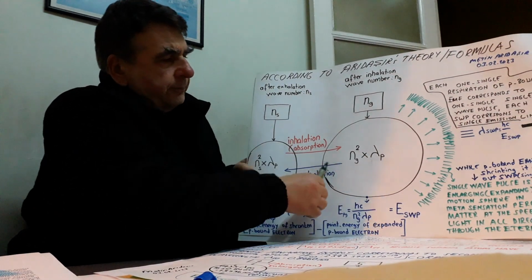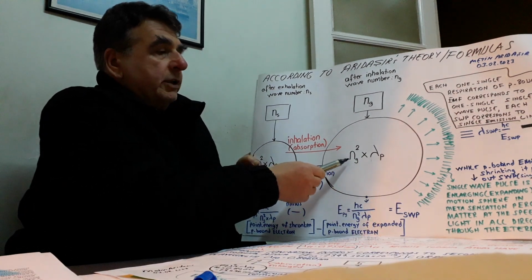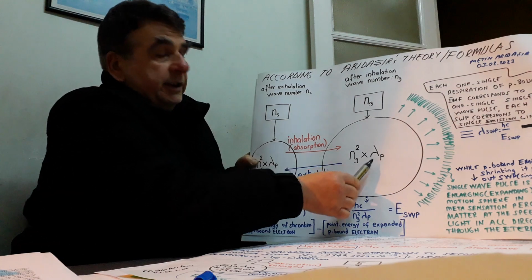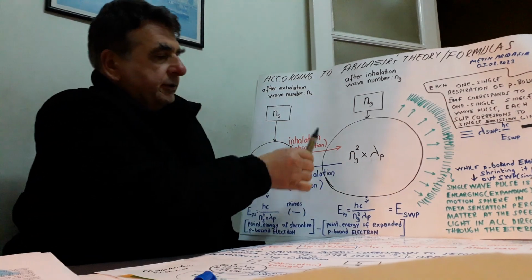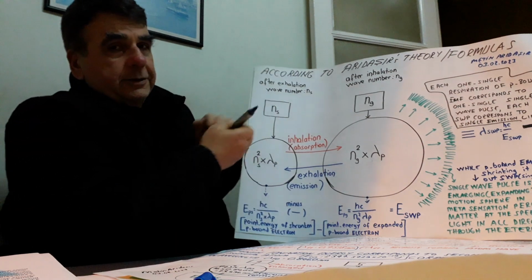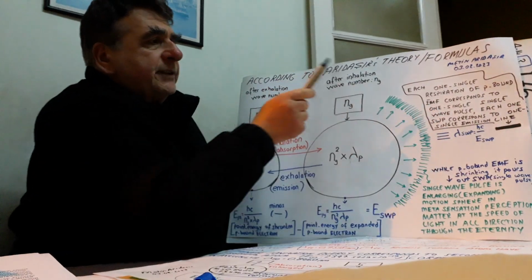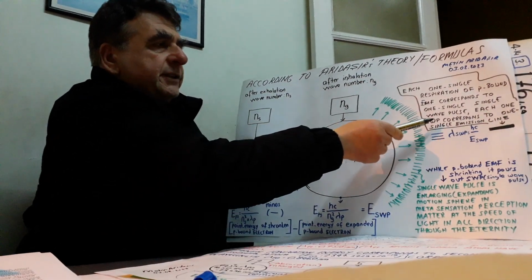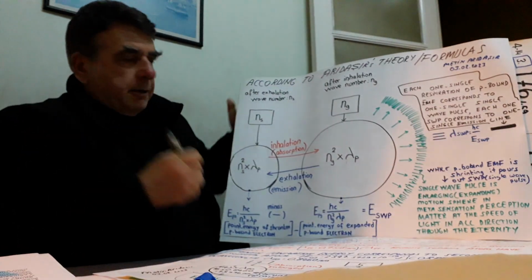Here, at the rate of squared wave number multiplied by its initial wavelength, this is enlarged. This is inhalation, respiration of the electron motion form. Each single respiration of a proton-bound electron motion form corresponds to one single wave pulse. Each single wave pulse corresponds to one single emission line. Okay, how?